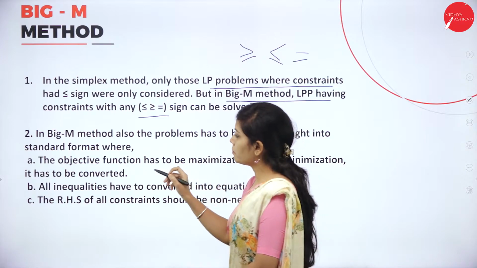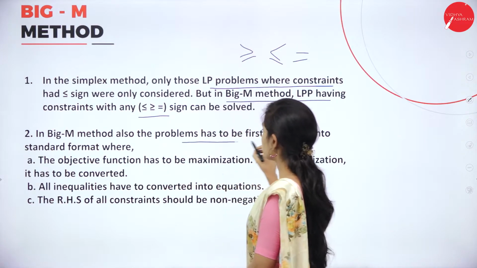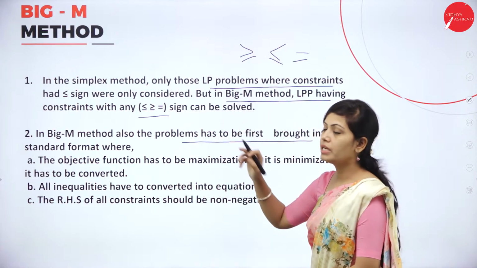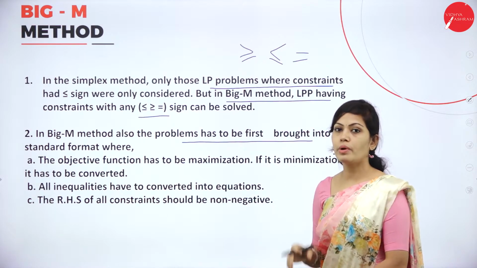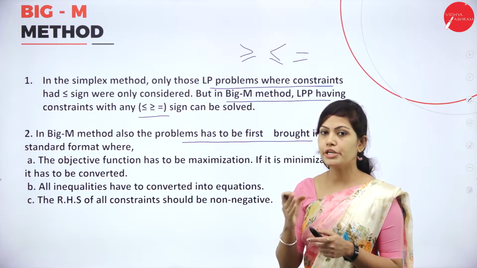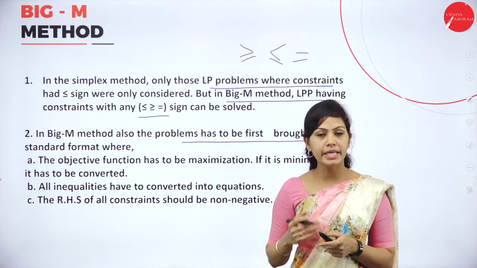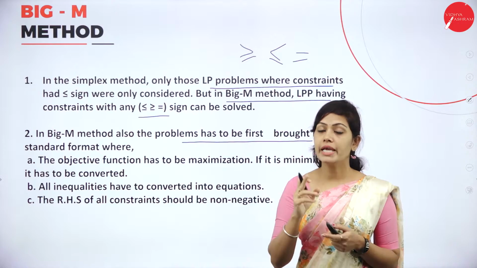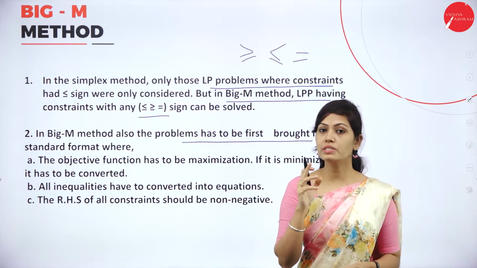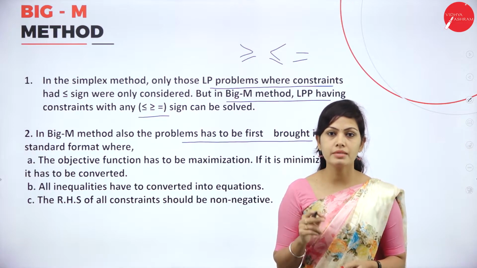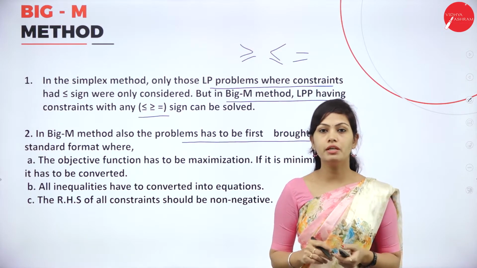In BigM method also, the problem has to be first brought into standard format. So the next step is that all the inequalities you have to convert into equalities by adding what? In simplex method we are adding slack variables, but here we have to subtract the surplus variable and add the artificial variable.